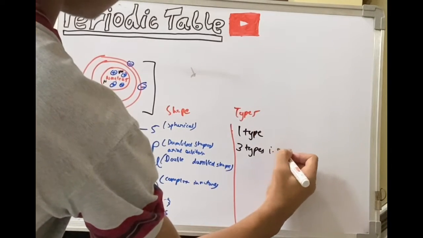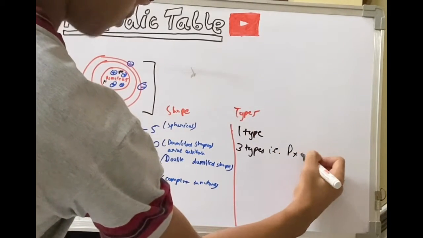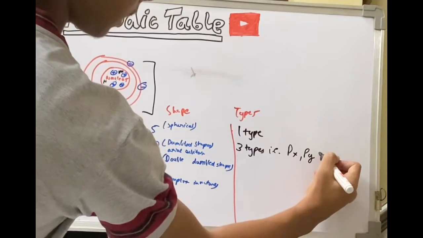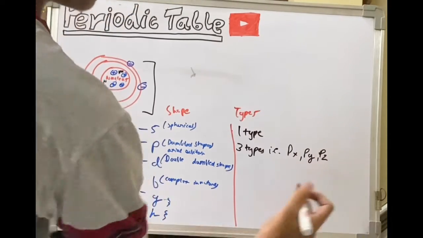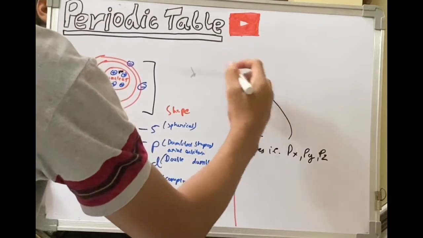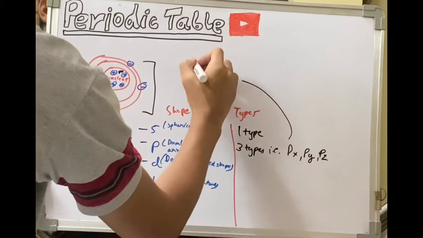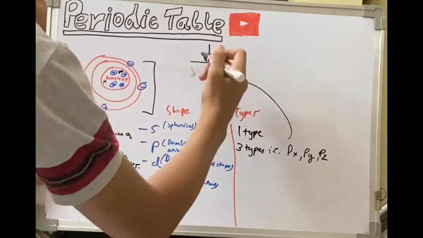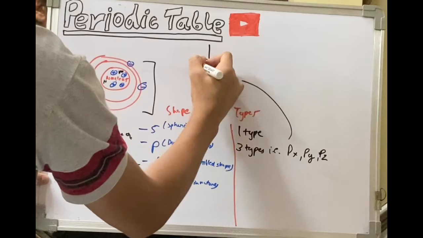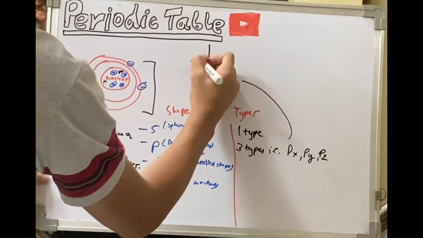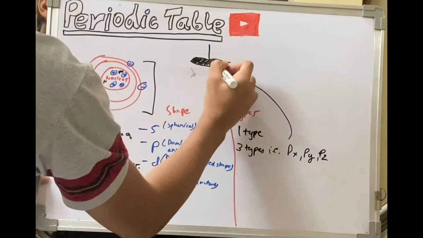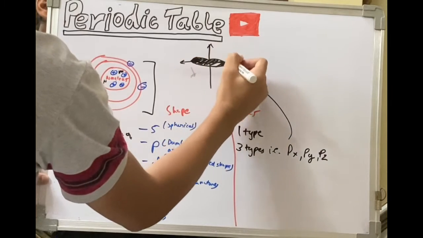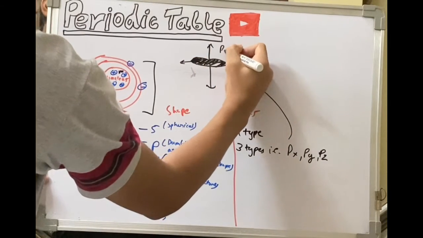Those are Px orbital, Py orbital and Pz orbital. So the Px orbital is formed something like this. You draw the x and y axis and then you overlap the orbital on the x-axis. This you can say is the Px orbital.